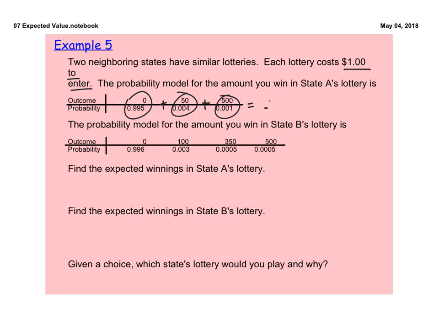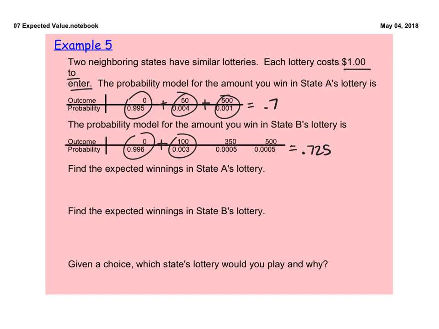So I get 0.7 here, and then I'm going to do the same thing for the state B's lottery. Okay, so I'm going to find the expected value by multiplying these and then adding it to those multiplied, and so on and so forth. All right, so this one ends up being 0.725.